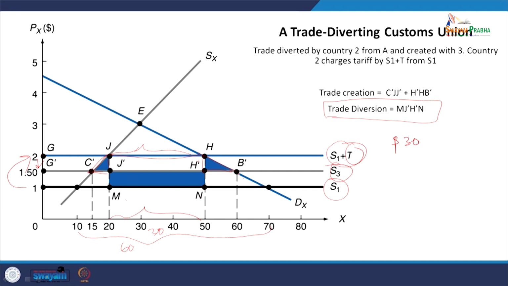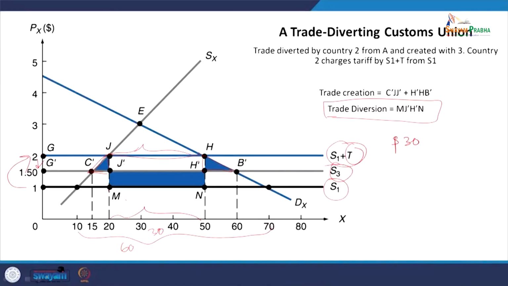So this is basically the total trapezium area C prime, J, H and B prime, out of which, since the country after joining the customs union is not earning any revenue, the revenue it used to earn is the area M J H N.